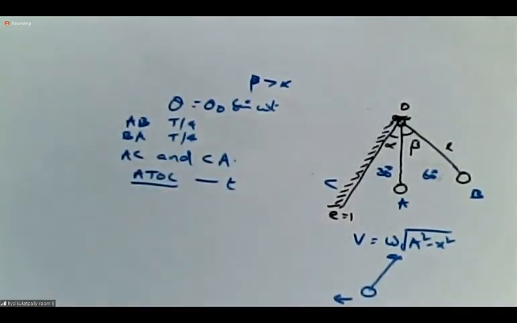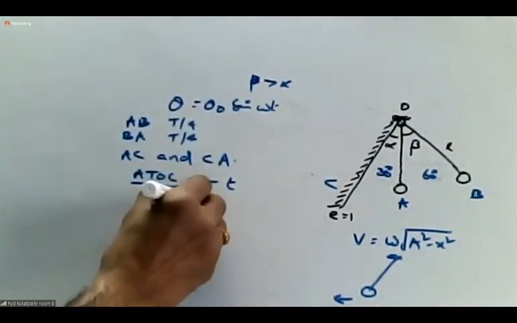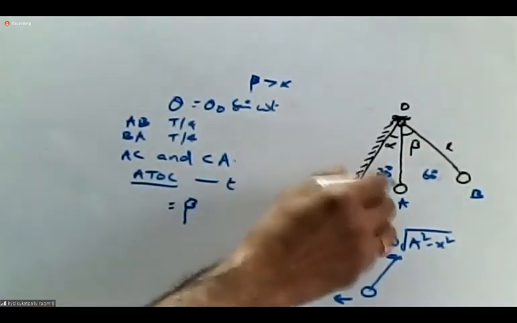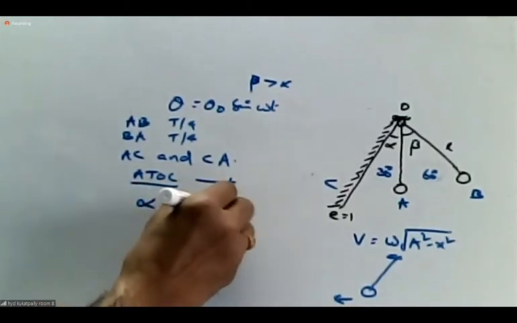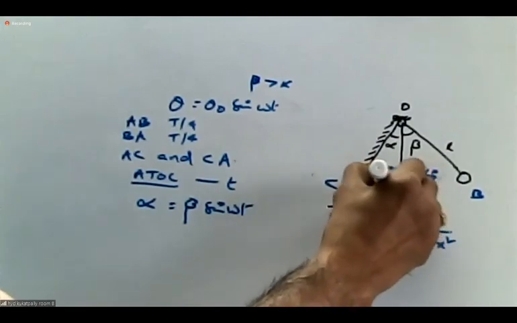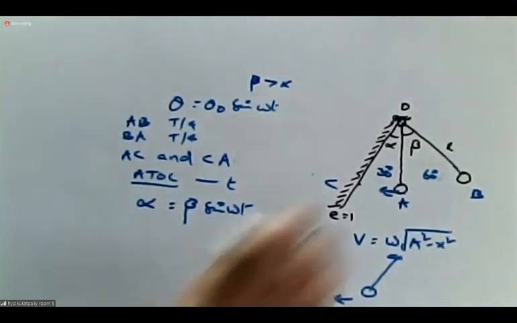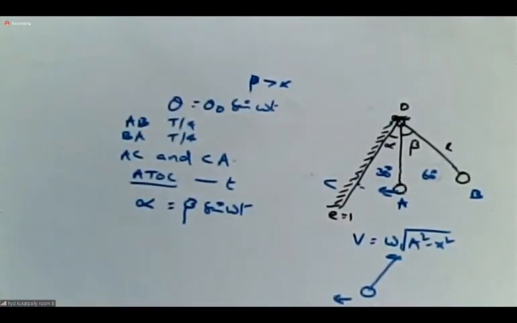Sir, how to find it? Theta is equal to theta naught sine omega t. Theta naught is how much you have initially swung, beta. Theta, where is the wall position? That is alpha, into sine omega t. Why sine only, sir? It is going from the equilibrium position, hitting and coming back. You have to consider A to C, C to A, equilibrium to C. If it starts from equilibrium, sine omega t is the equation.